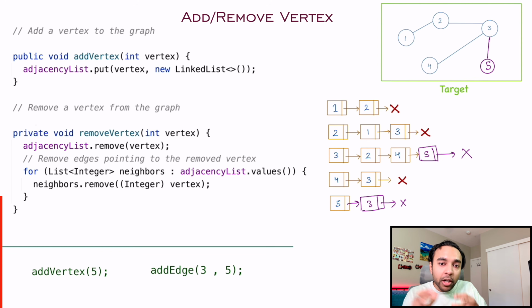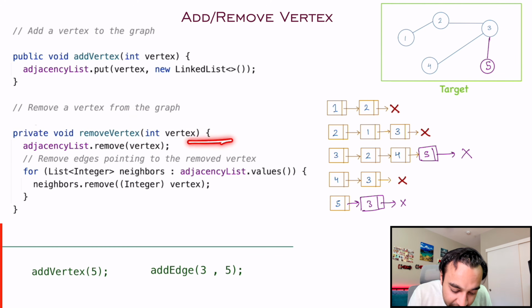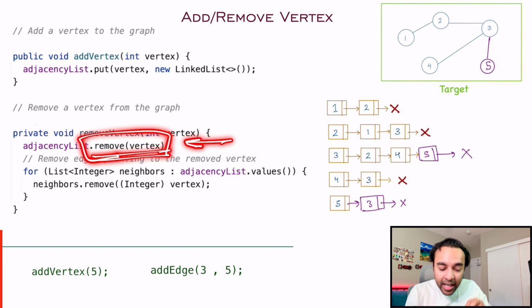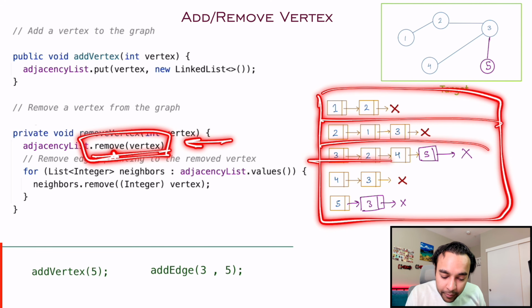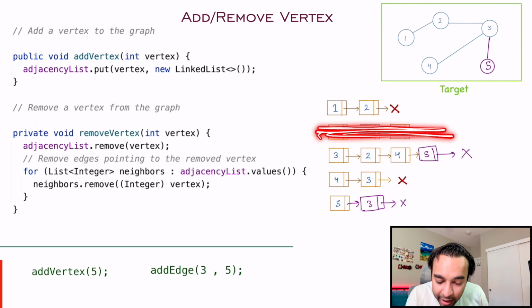And what about removing a vertex now? Let us say you want to remove a vertex. Let us say you want to remove node number 2. So what do you do? The first thing is that you are going to remove this vertex completely from your adjacency list. So you have this structure over here. This is your map, right? And then you completely remove the second row. So this row completely goes away.